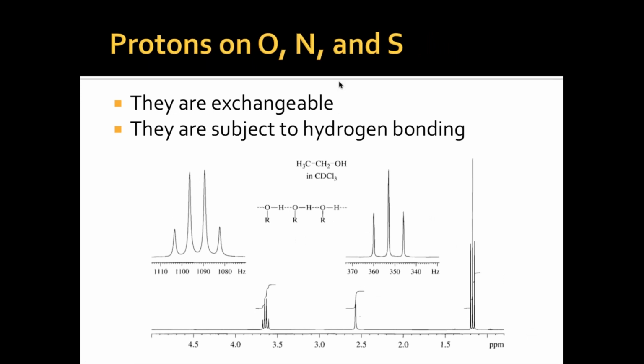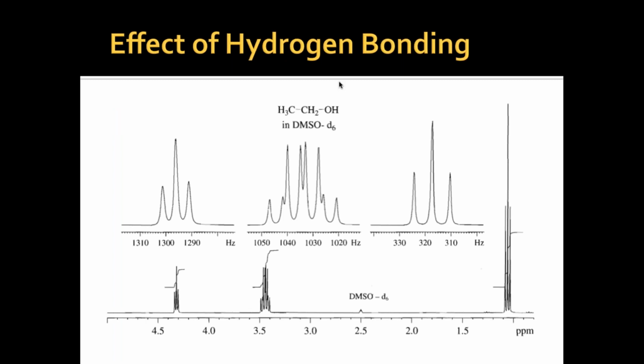You see, it was earlier self hydrogen bonded. With DMSO, because DMSO is a polar solvent, it involves the hydrogen present in ethanol in hydrogen bonding with DMSO. What that means is that the intramolecular hydrogen bonding is absent.